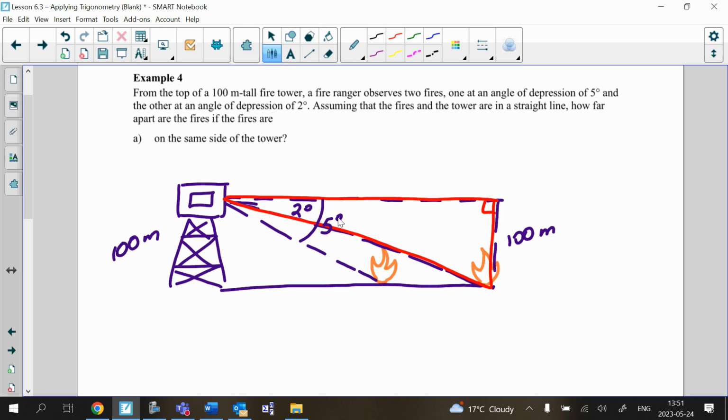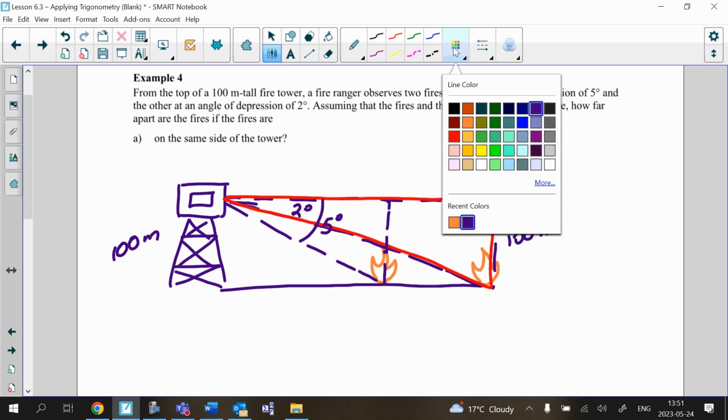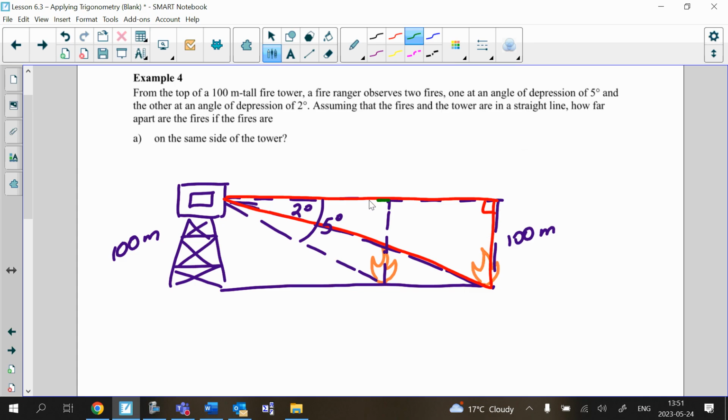And to finish the triangle with the closer fire, I just go from the closer fire up until I hit the horizontal. Now I've got a second one. This is very similar to the previous example we just did. And remember, this is still 100 meters.